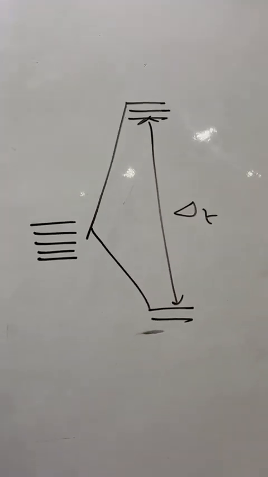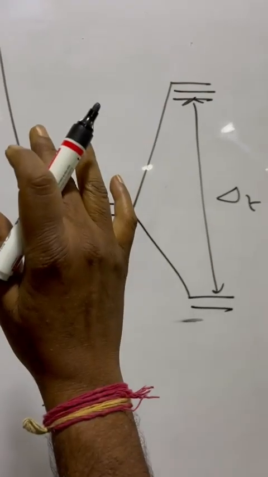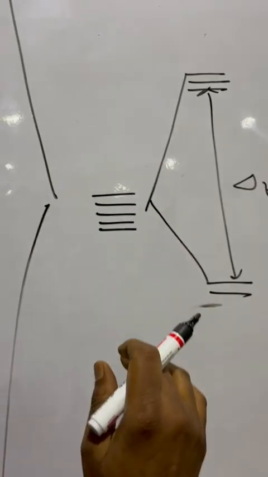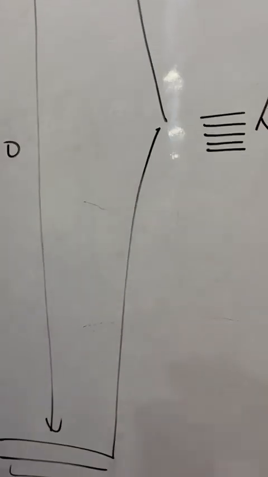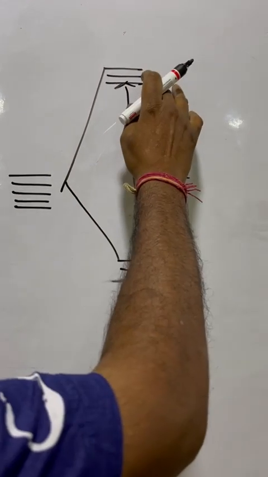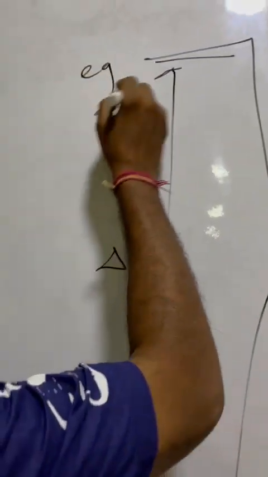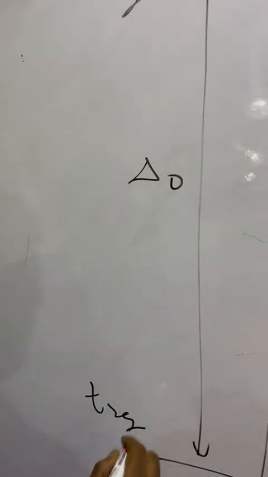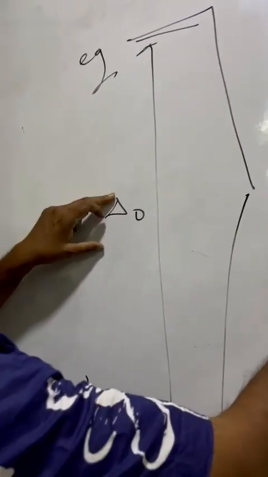In octahedral, the ligands come along the axis, eg will go up, and t2g will come down. And in case of tetrahedral, this is the gap, the t2 will go up, this is t2, this is e, this is eg, this is t2g. Simply, the g terms will not be there in tetrahedral splitting. And you see this delta O is much higher than delta T.